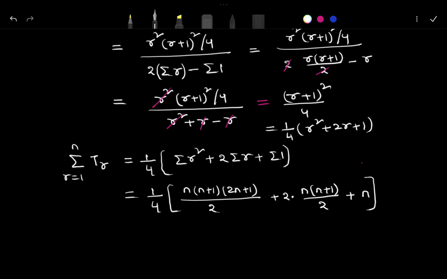So now you simplify this value. Here 2 and 2 will be cancelled. Now you take n as common throughout this expansion.